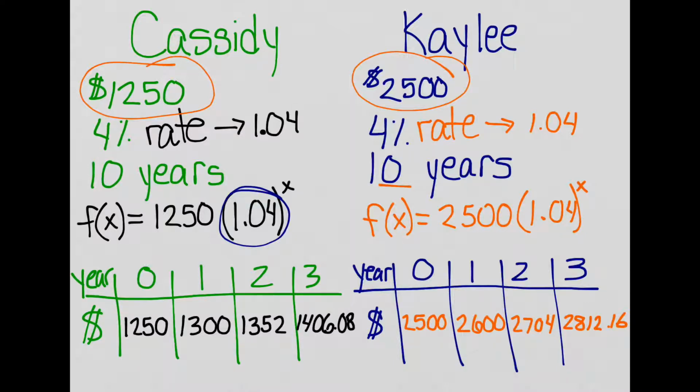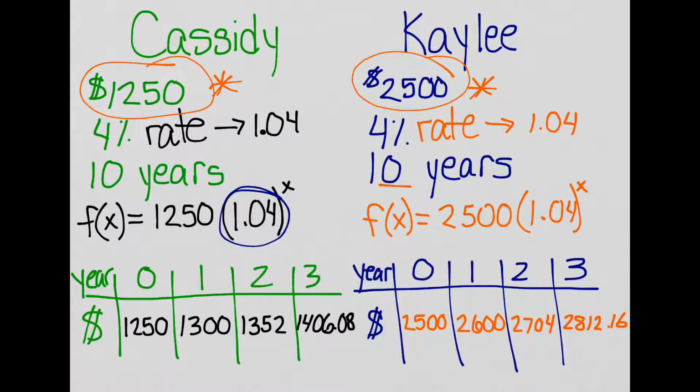And so then how does the initial value affect the final value? In other words, how much effect does the money that we're starting with right here have on our end value? Well, if it starts higher, it's going to end higher. Now, something you might not have noticed, but I want to point out, is that Kaylee got twice as much money as Cassidy in the beginning, and every value after that is also twice as much.